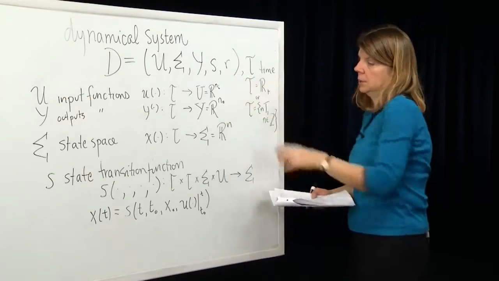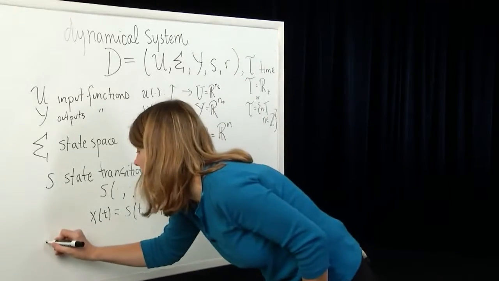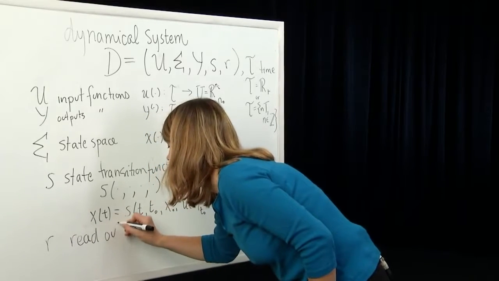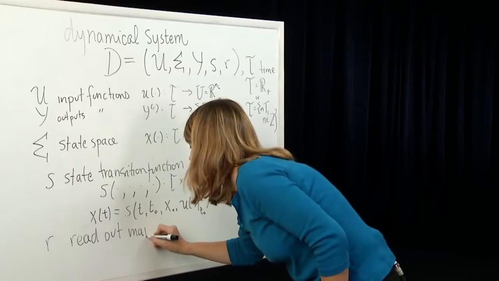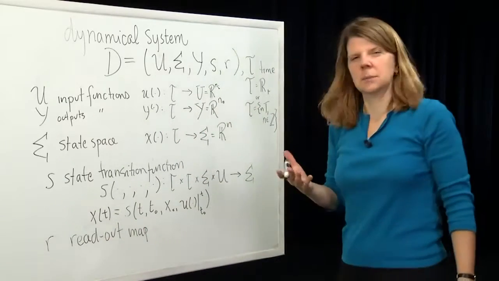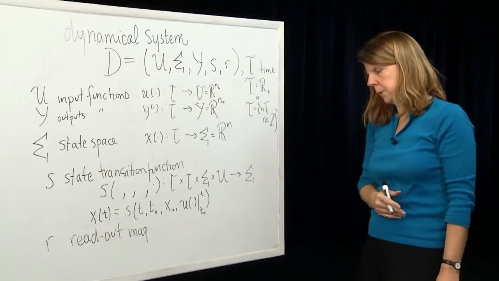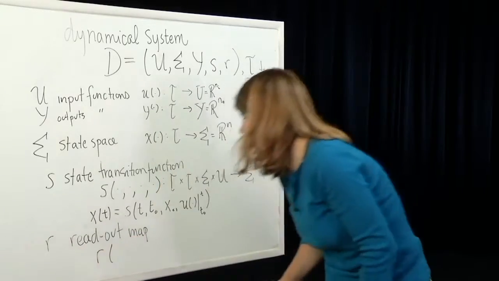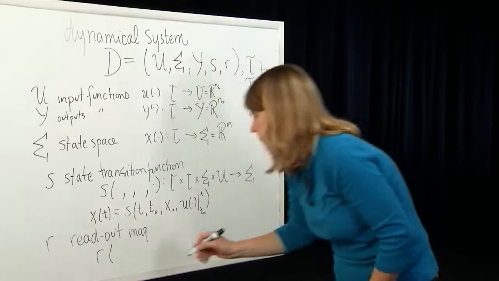And then the last element is called R for readout map. Sometimes it's called the output map. And the readout map, R, is a function of time.